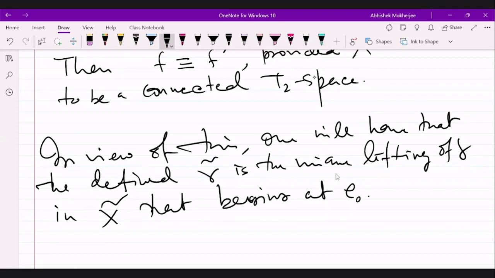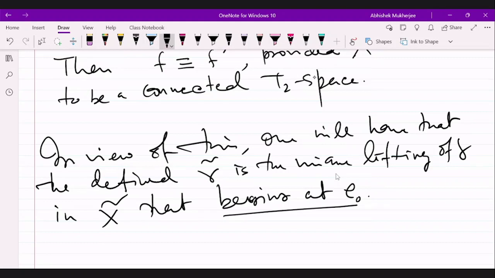Okay, so that is very nice. You should always be careful about that. That begins at e naught, so that has been specified. That means if you take another e naught dashed from p inverse b naught, you will get another lifting. But that is a unique lifting of gamma that begins at e naught dashed.